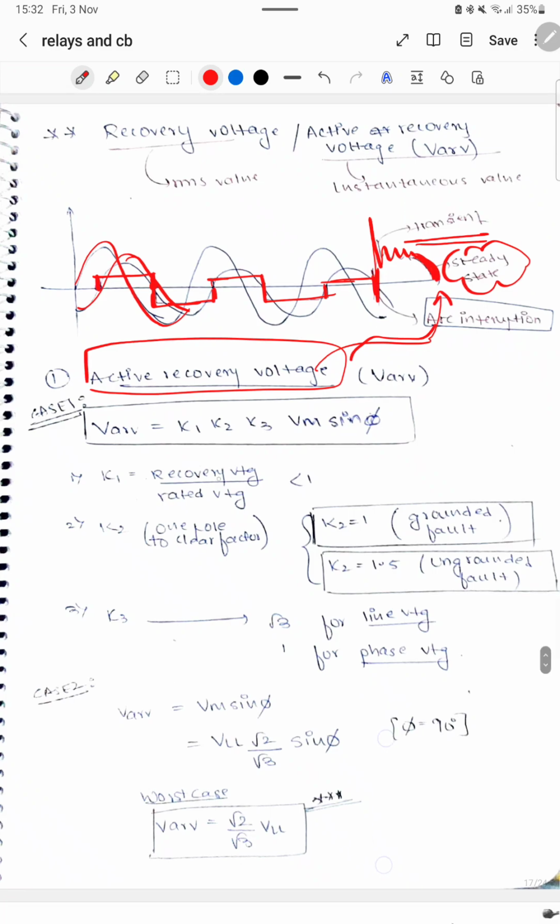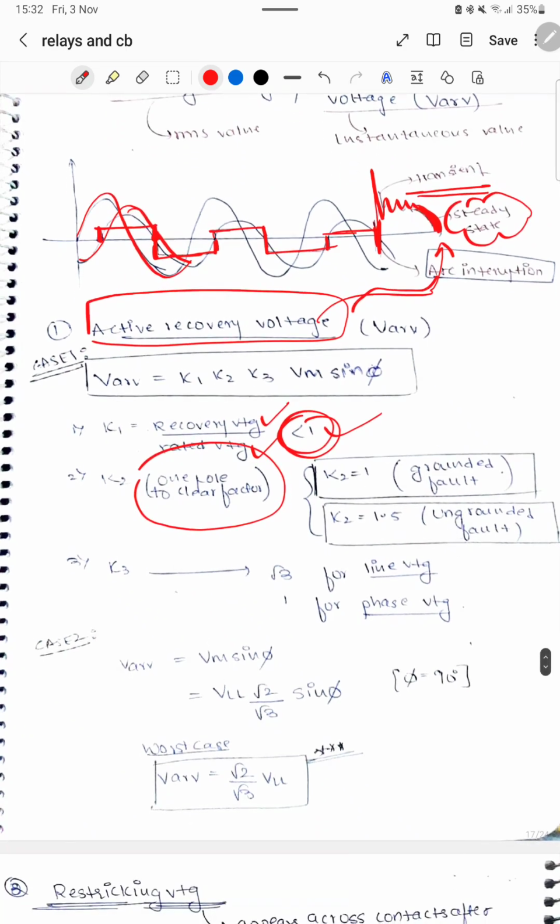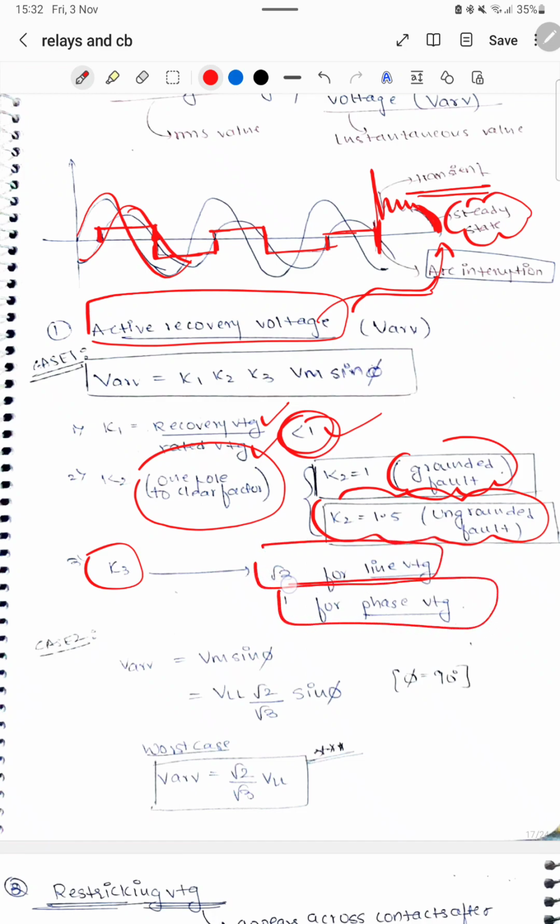That is equal to K1, K2, K3, Vm sin phi. Now what are K1, K2 and K3? K1 is recovery voltage upon rated voltage, which is less than 1. K2 is the first pole to clear factor, so K2 is equal to 1 for grounded fault and 1.5 for ungrounded fault. K3 is root 3 for line value and 1 for phase value.